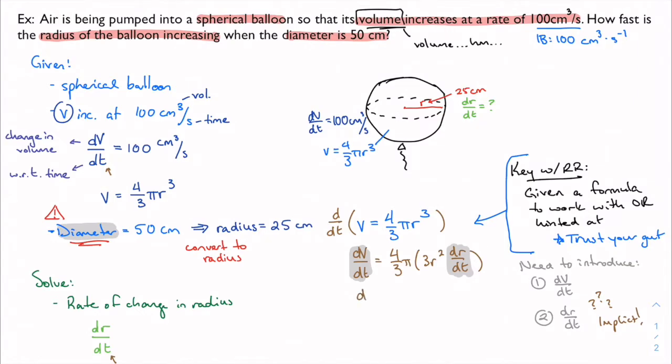So I'm just actually going to simplify this a little bit more first. This will just become 4 pi r squared dr by dt. If you look, I have everything that I was given that I can finally play with, or that I was being asked to solve for, right?